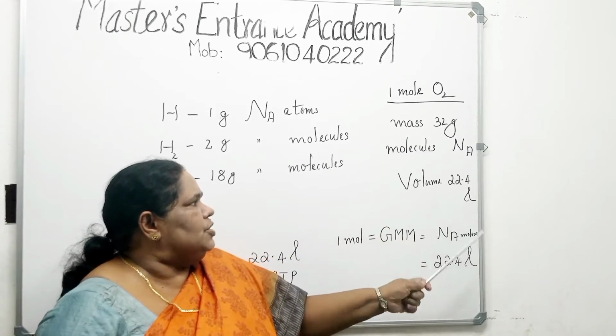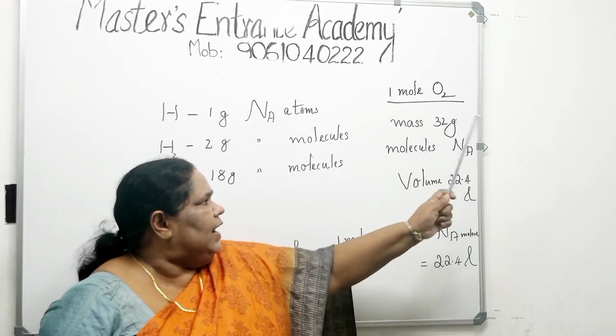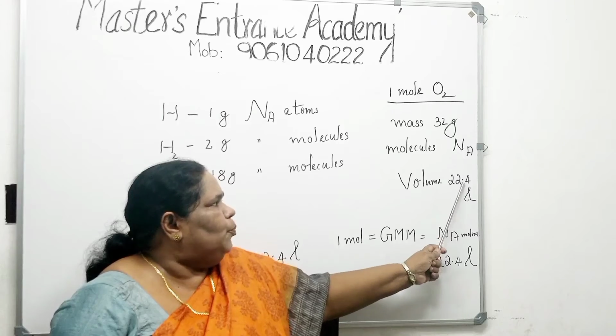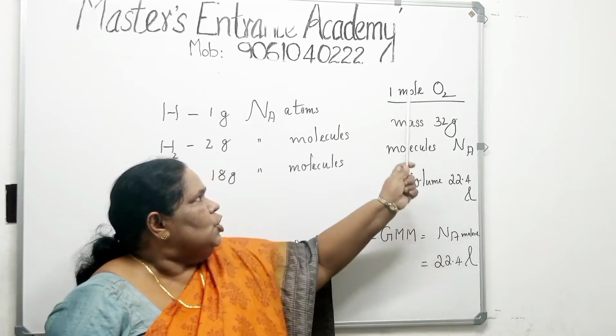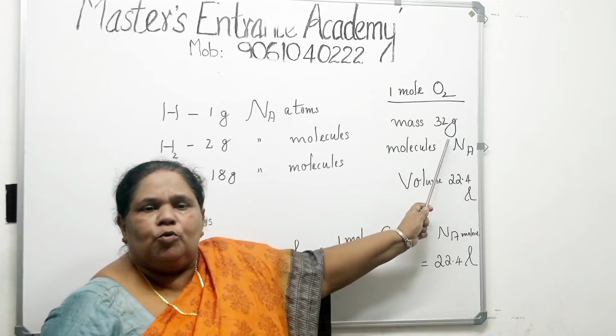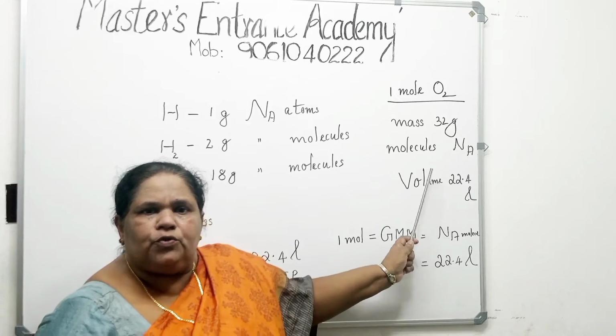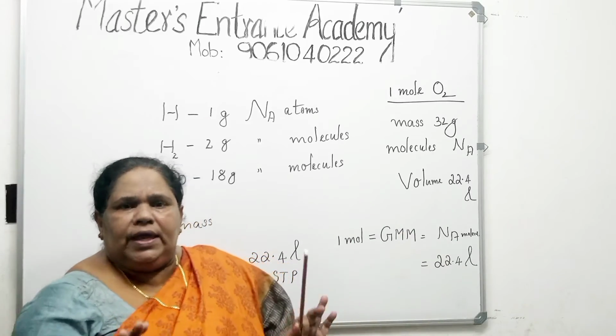Third information is the volume of 1 mole of oxygen gas, that is 22.4 liters. So 1 mole oxygen: mass 32 grams, molecules Avogadro number, volume 22.4 liters.